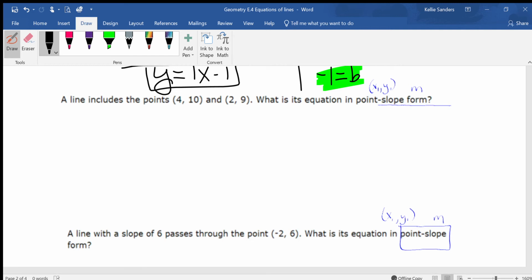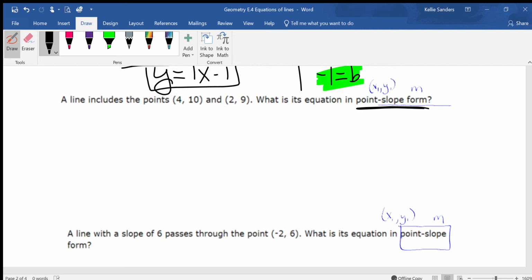Okay, so on this one, a line includes the points 4, 10, and 2, 9. What is this equation in point-slope form? I appreciate that they gave us this. There's not going to be as much work to do as there would be the other way.